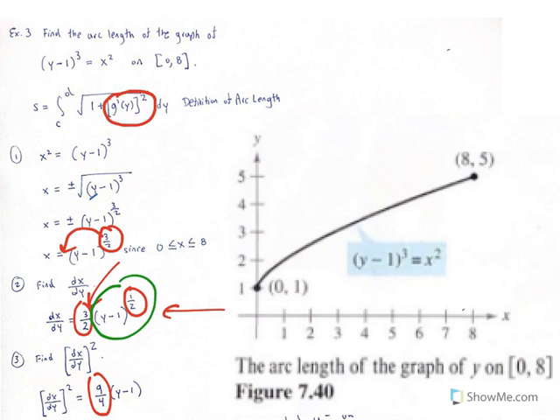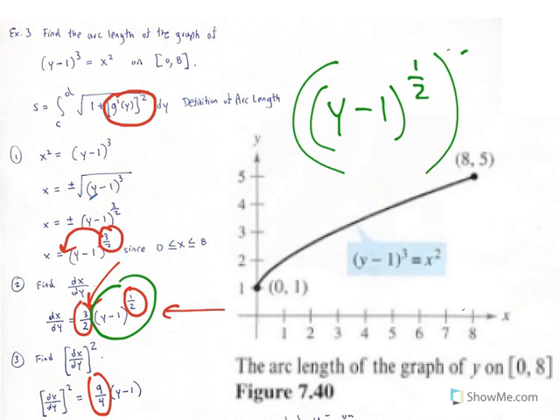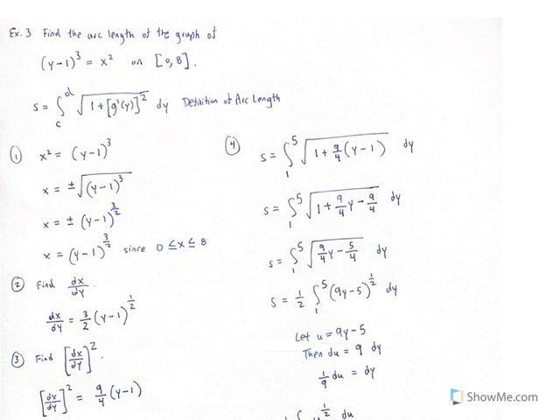When you square that quantity, you'll get y minus 1, because when you have (y minus 1) to the 1/2 squared, you have the power of a power, and when you multiply the exponents, you'll just get y minus 1. So the square of the derivative is 9/4 times (y minus 1).